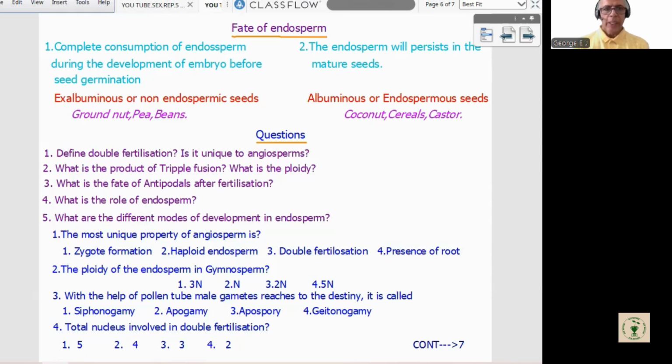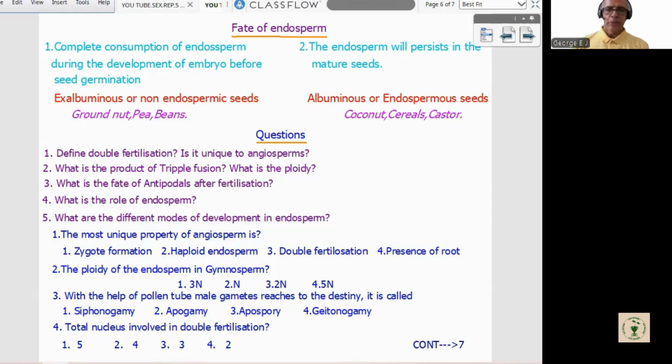So, 2 ways: endosperm is completely consumed during the development of the embryo before seed germination, as in ex-albuminous or non-endospermic seeds, for example groundnut, pea, etc. Or endosperm persists in the mature seed, as in albuminous or endospermous seeds, like coconut, cereals, castor.